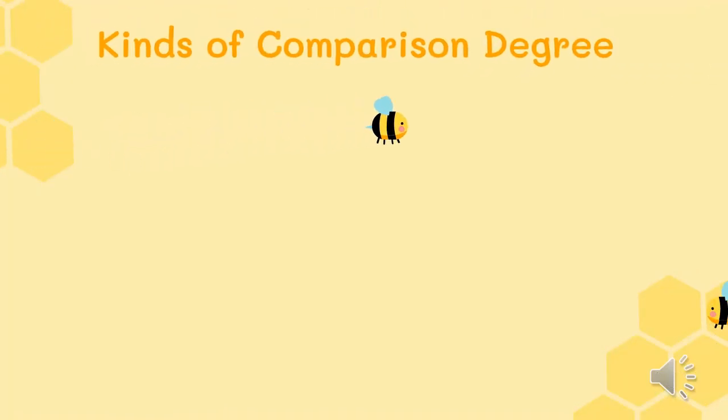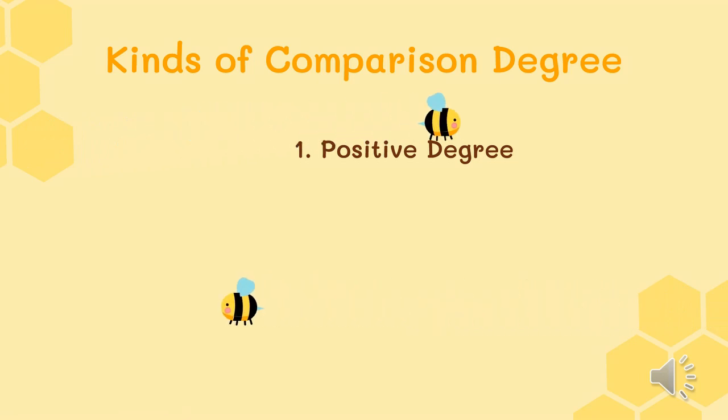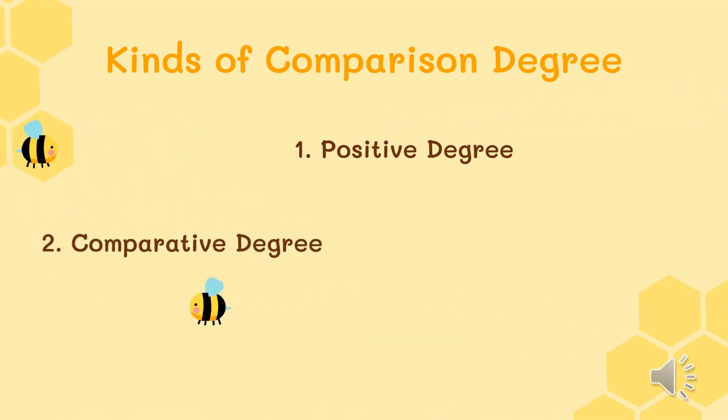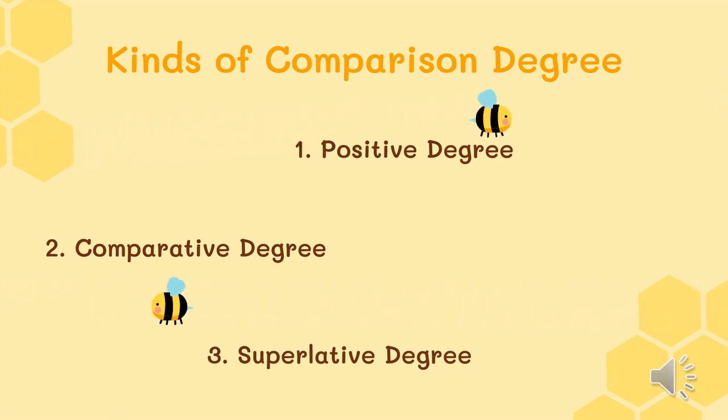In English, there are three kinds of comparison degrees. First is positive degree. Second, comparative degree. Third, superlative degree. But for now, we will learn about the comparative degree. So, what is comparative degree?